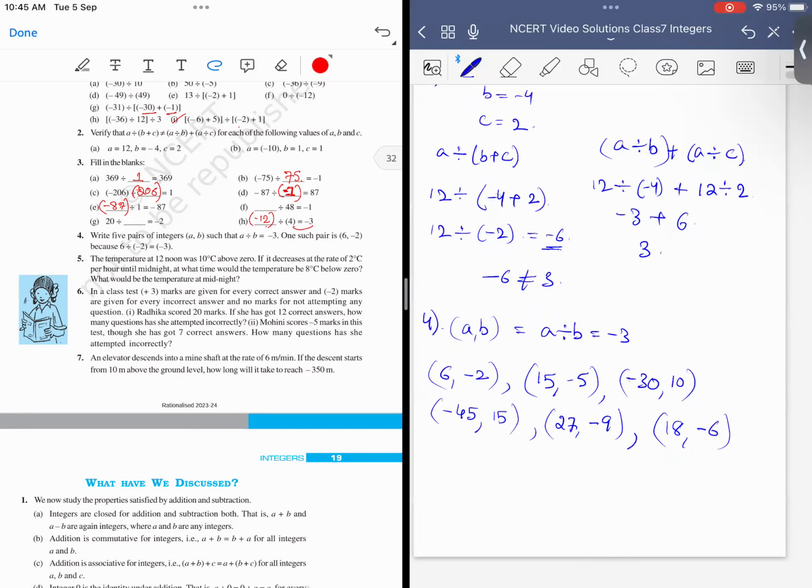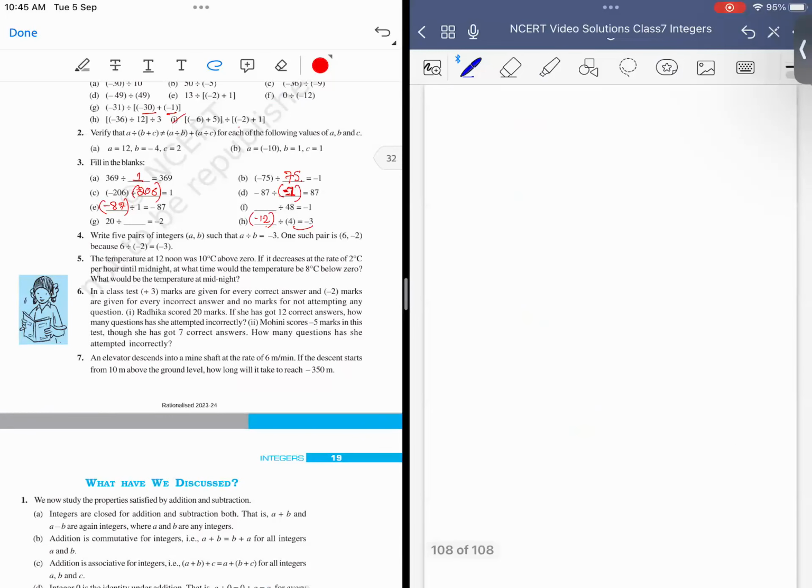Next, question number 5. I'll do this on the next page. Question number 5 says the temperature at 12 noon was 10 degrees Celsius above zero. So that means at 12 noon, what is the temperature?